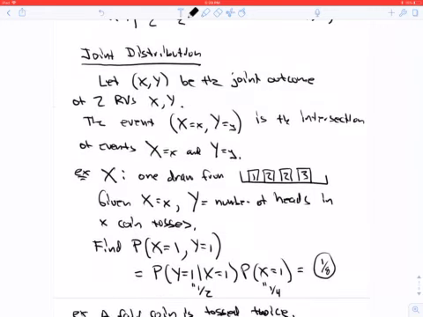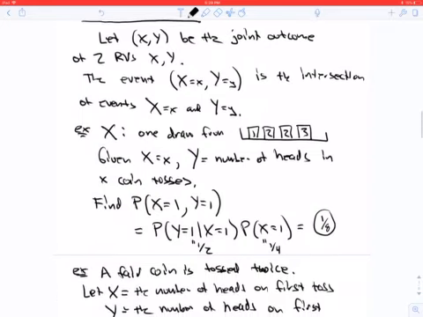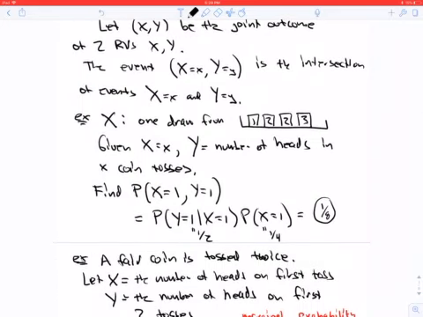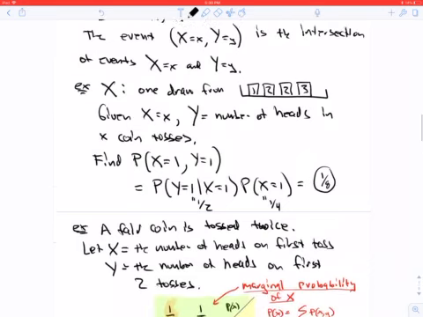The joint distribution of X and Y is the joint outcome of two random variables, X and Y. So when we write the event X equals little x, Y equals little y, this is the intersection of the event X equals x and Y equals y. So we are assuming here we have some common outcome space.